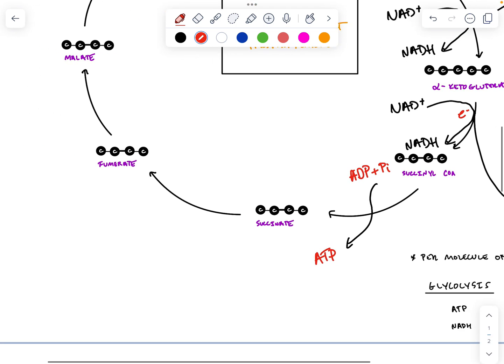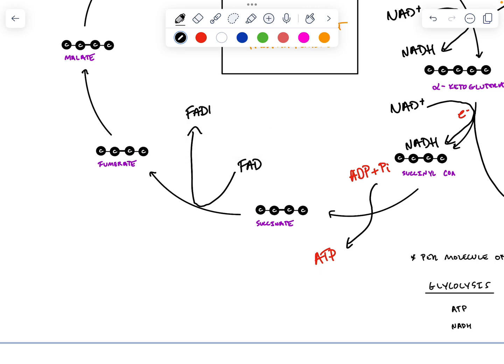Succinate turns into another molecule called fumarate with another redox reaction where FAD becomes FADH2 by picking up high energy electrons.